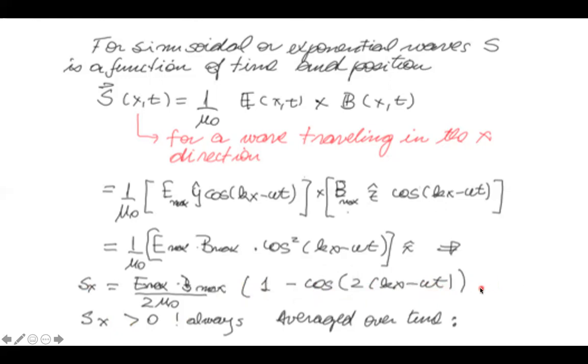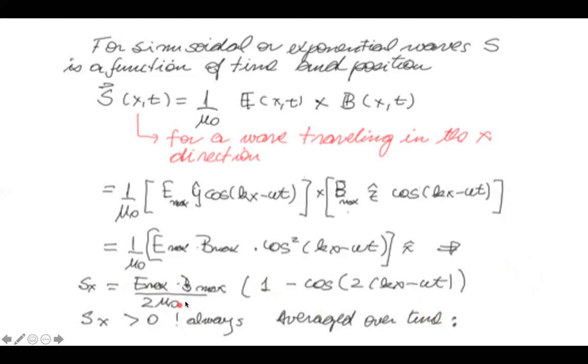But otherwise, it's always positive. So it's a cosine square essentially. If we average it over time, the only thing that counts is the first contribution here, Emax Bmax over 2 mu naught.